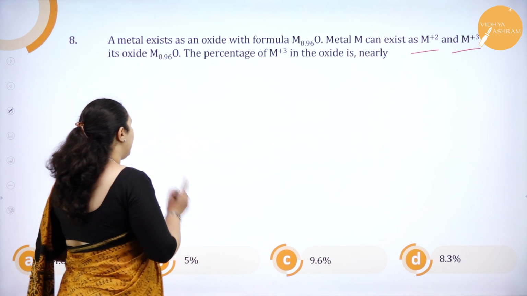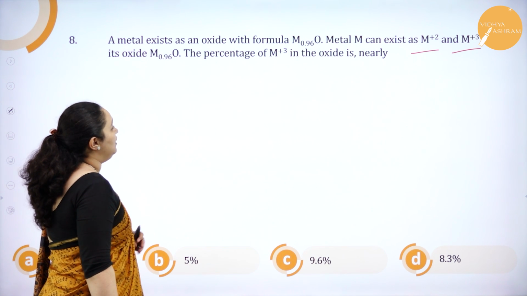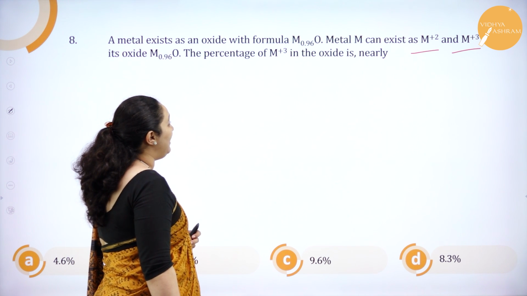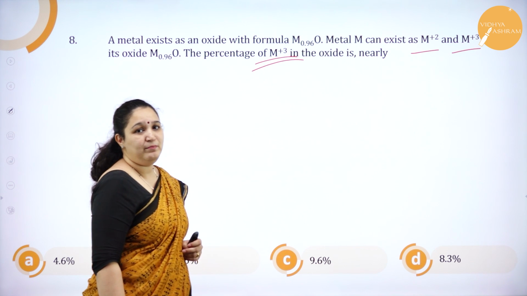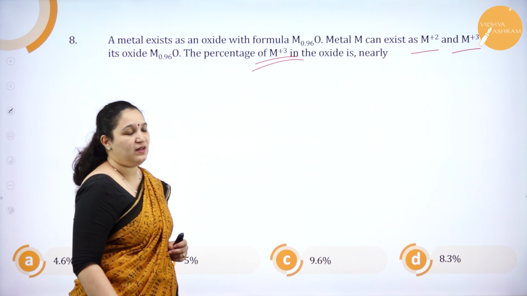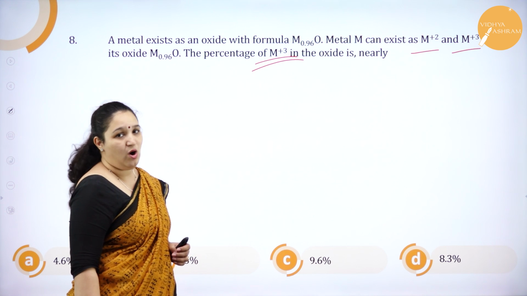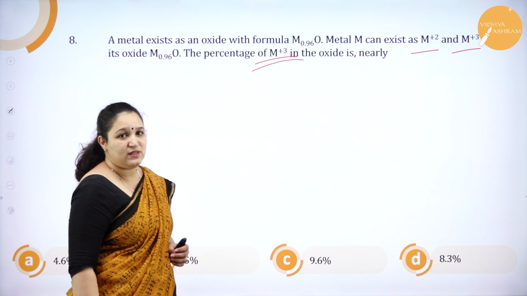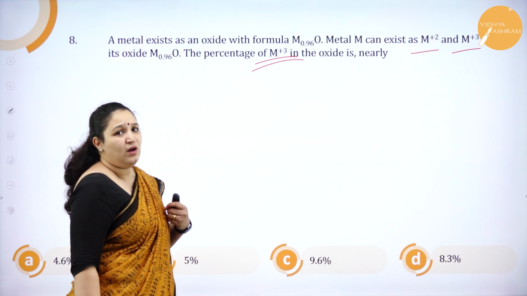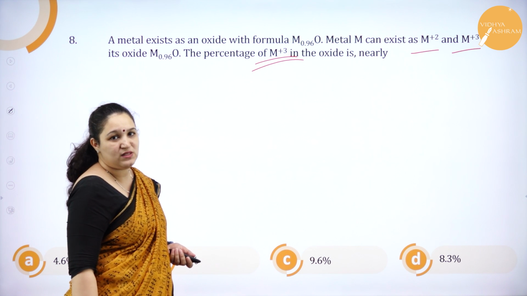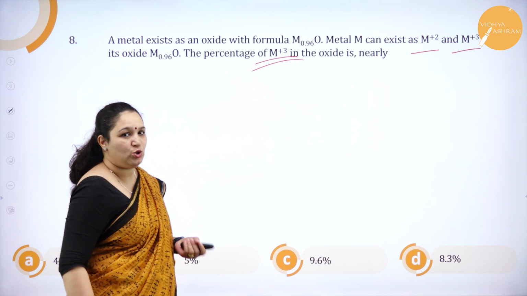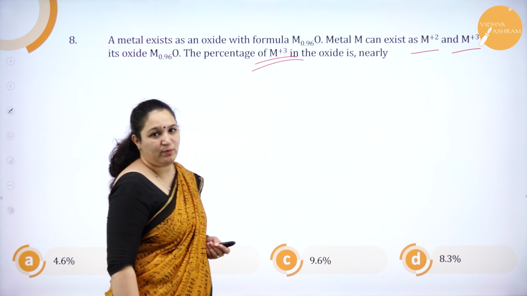They are asking you to find out the percentage of M+3, that is metal in the +3 state in the oxide. So how do you solve this? If you are very used to solving such problems, yes, you can get the answer within some time. Otherwise, you might take 1 or 2 minutes to solve this particular problem.